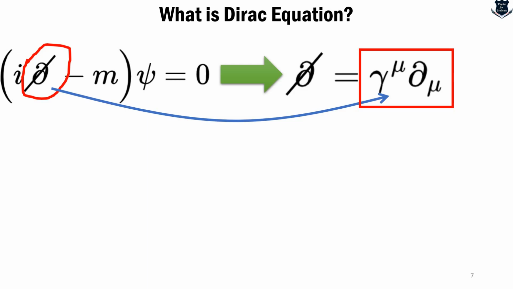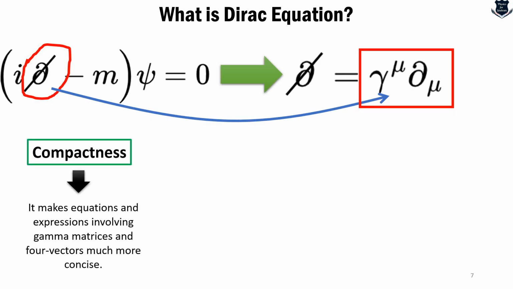Now you might have a question: what is the use? Why are we using a slash notation instead of writing the full thing? First of all, there is a lot of compactness. Instead of writing a long sum over the components, and what do we mean by components, I will come to that later, you can use the slash notation to keep things simple, easy to handle and easy to read.